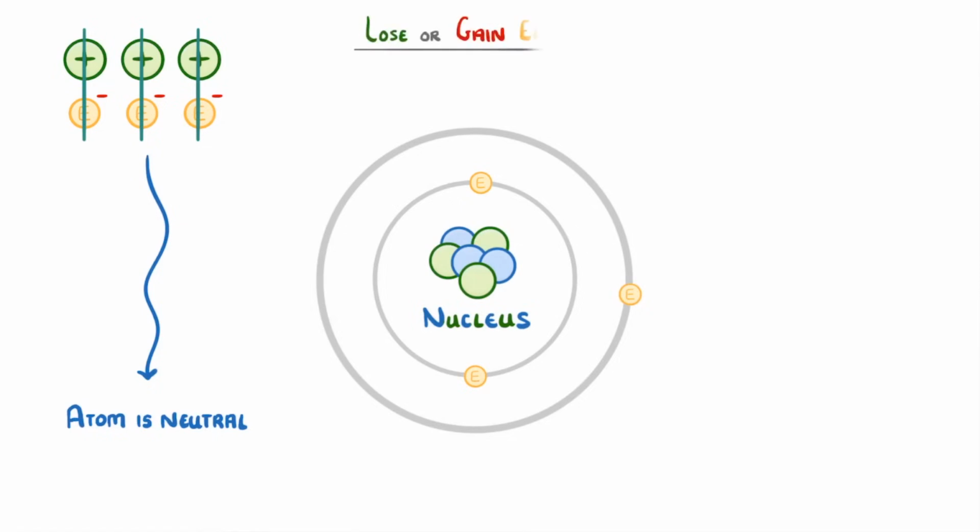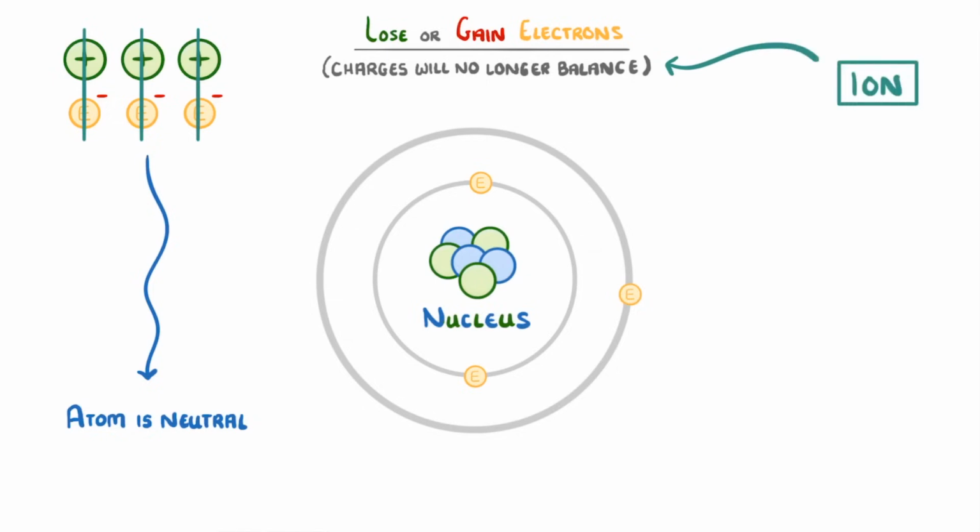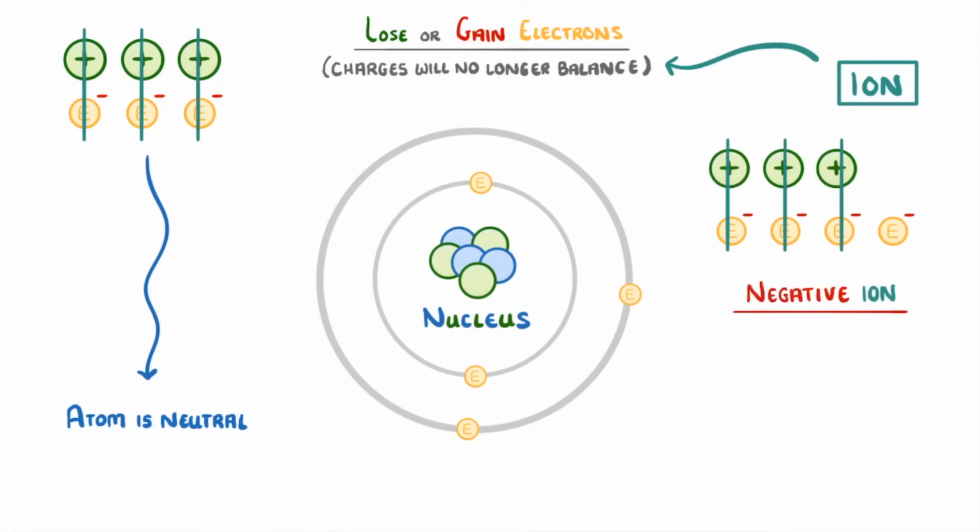Atoms can lose or gain electrons though, in which case the charges would no longer balance, and the overall atom would become charged. When this happens, we stop calling it an atom, and instead call it an ion. For example, if we gave our atom an extra electron, we'd still have 3 protons, but 4 electrons, and so the charges would no longer balance, and it would now be a negative ion, because there's more negative electrons than positive protons.